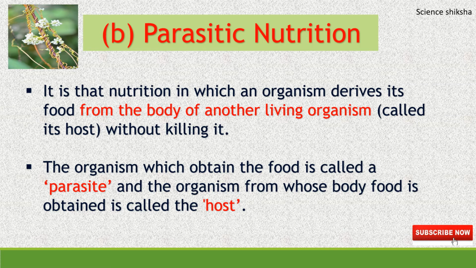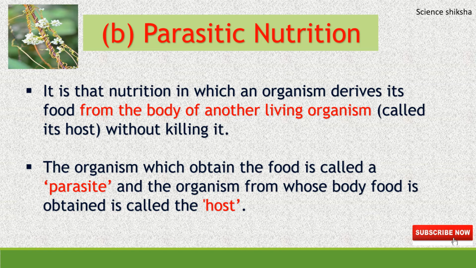Next type of heterotrophic nutrition is parasitic nutrition. It is that nutrition in which an organism derives its food from the body of another living organism without killing it. The organism which obtains the food is called parasite, and the organism from whose body food is obtained is called the host.